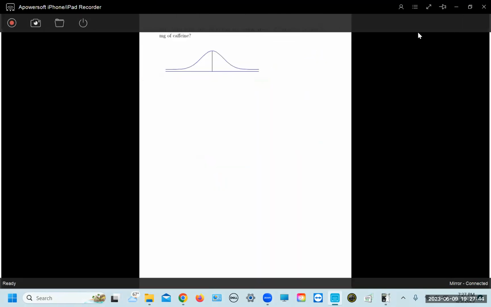And for B, what is the probability that the sample mean is more than 70 mg? So we can use Z equals X bar minus mu over sigma over square root of 36. Now X bar is 70, so 70 minus 60 over 8 over square root of 36.